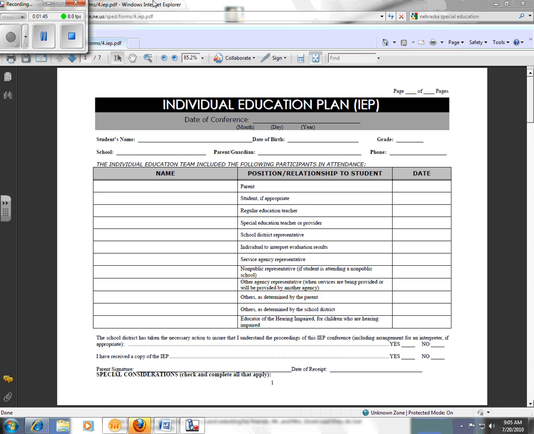So let's take a look at each of the questions that I want you to answer and where you would find it on the Nebraska form if you were in the state of Nebraska. And also keep in mind that just like many other states, Nebraska has gone to a web-based IEP. And you will see these forms online. But for our purposes, let's just take a look at these questions.